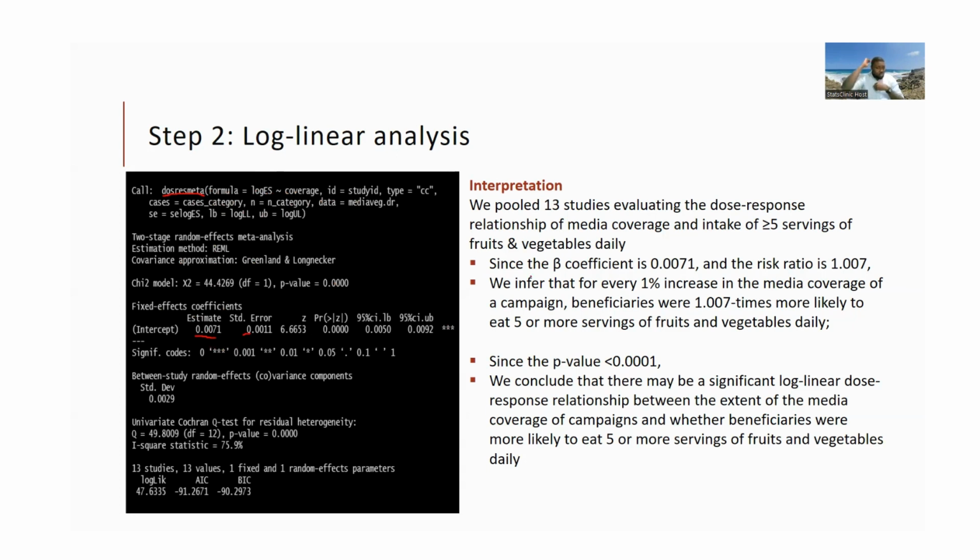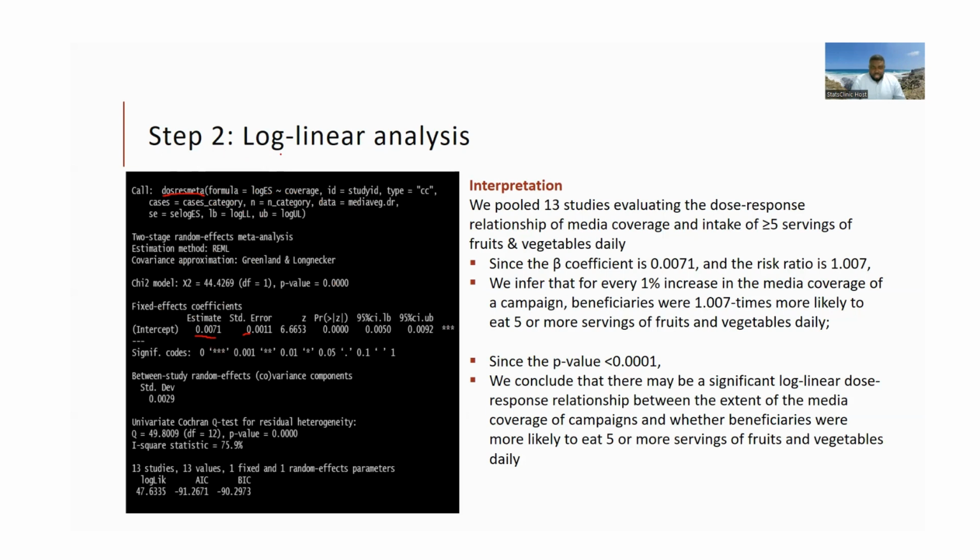So the question then is, how do I interpret this? We pooled 13 studies. You remember there were 13 studies that we extracted data from and then pooled. These 13 studies evaluated the dose response relationship of media coverage and the intake of more than 5 servings of fruits and vegetables per day. We interpret this the same way.